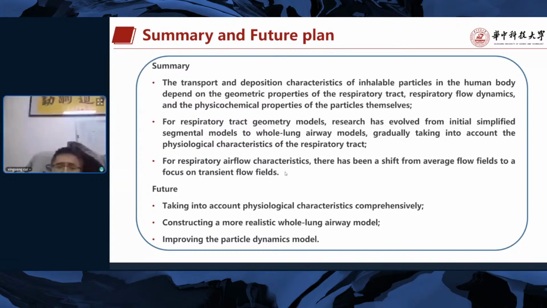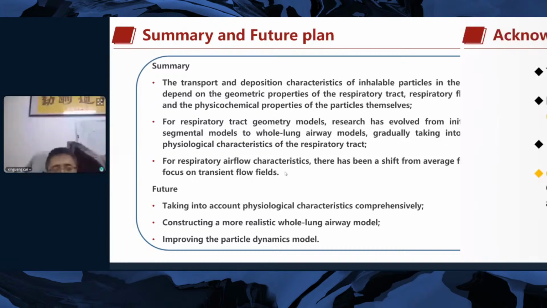Then we will consider more, as I said, the physical characteristics, and we also want to use the whole airway, and we plan to use better large airway simulation models, as well as some more advanced particle models. This is some of my research work, and thank you for listening.